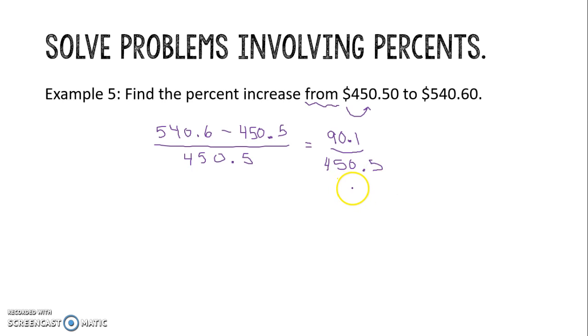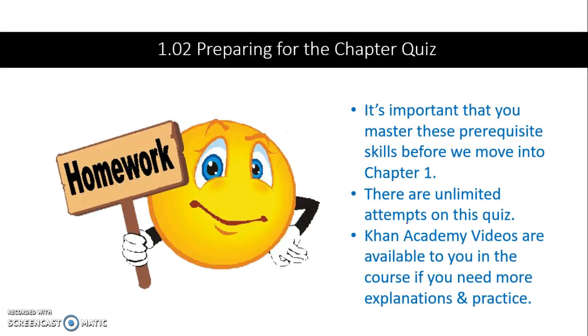So once again, we divide that, 90.1 divided by 450.5, and we get that is equal to 0.2. Remember that that's in decimal form. To change it to percentage form, multiply that by 100, and we get that is 20%. We have the percent sign there. And that is our last example of problems involving percentages.